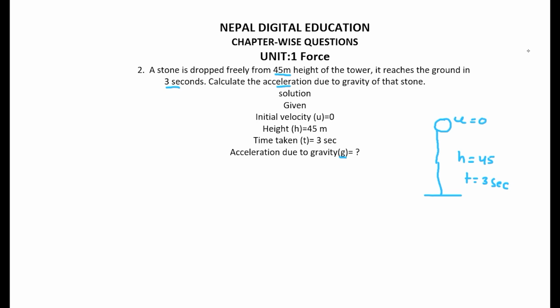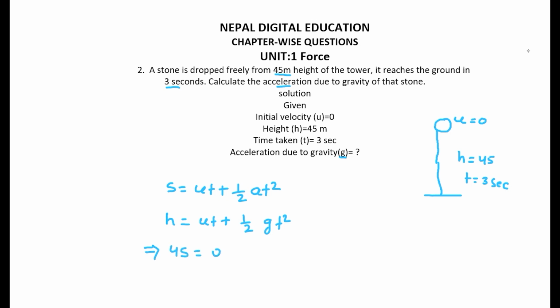So u is 0. We have the equation of motion s equal to ut plus half at square, but in this case we have height h. So in the height case it becomes h equal to ut plus half gt square. So we have h, and height is given 45.